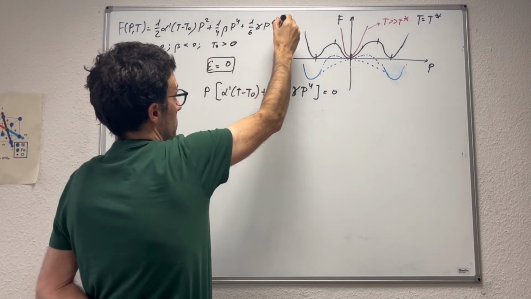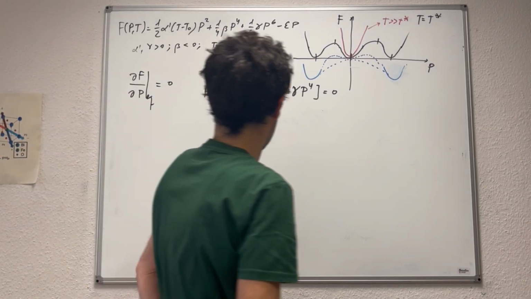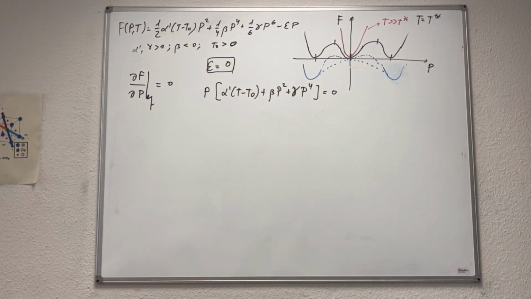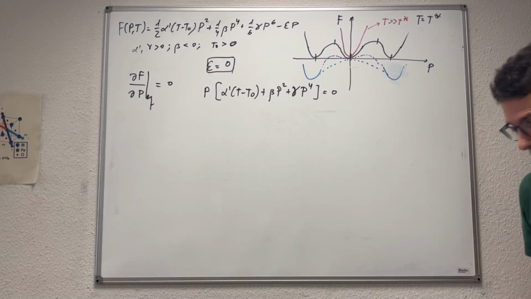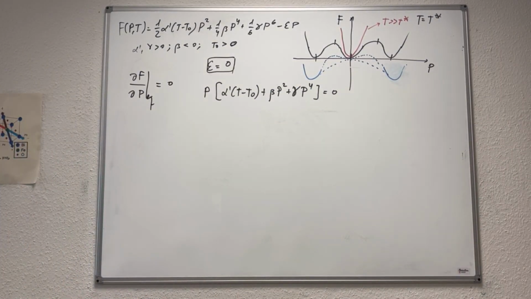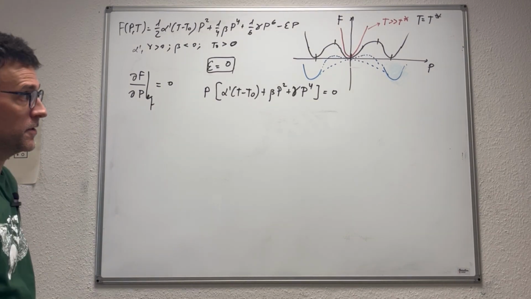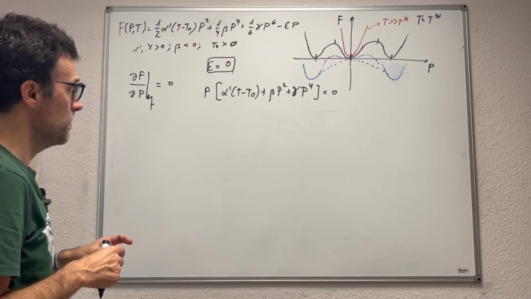The electric field would be here as an additional term, but it's not important for this discussion. Okay, so this is our equation of state for this case, in which we have a theory for a discontinuous phase transition. It's slightly more complicated than the previous one that we saw.